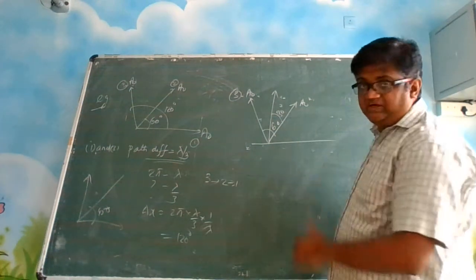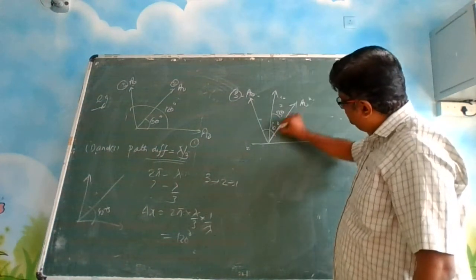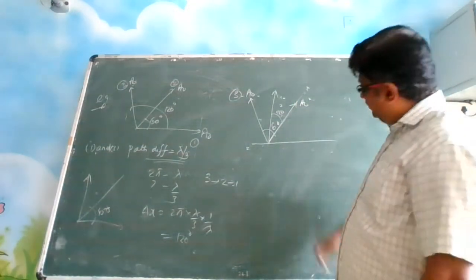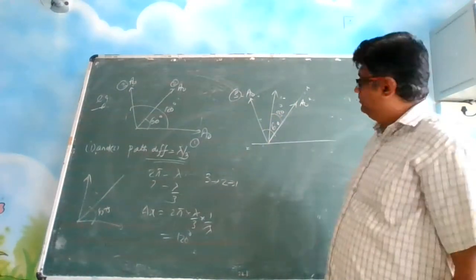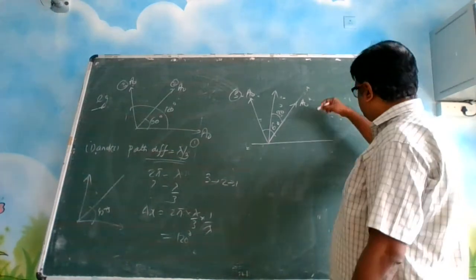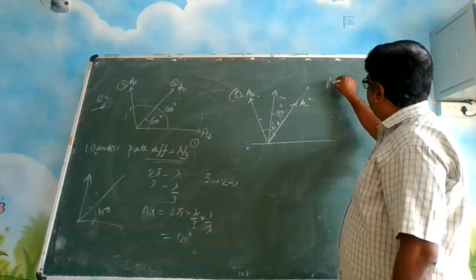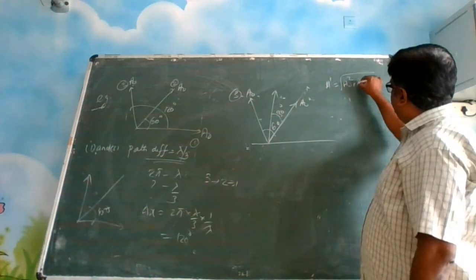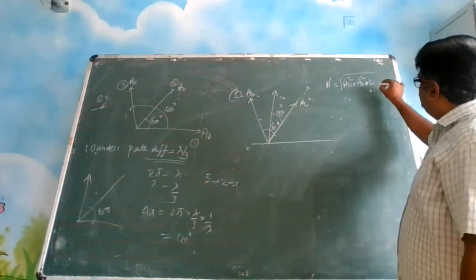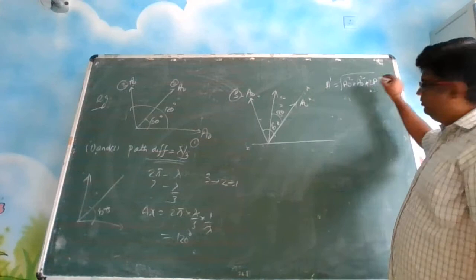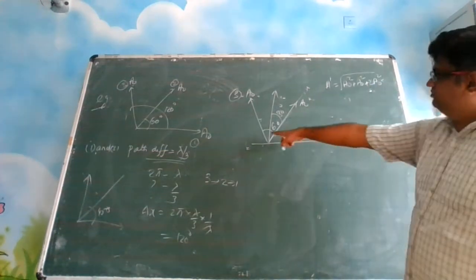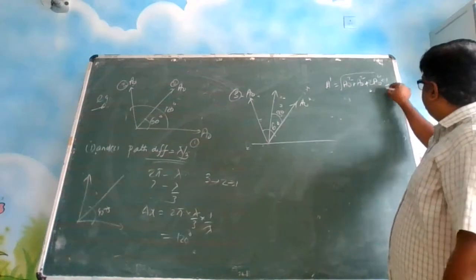Now here understand that you are taking this as a reference line. Okay. This has become kind of x-axis. So you are taking this angle 60. So what is the resultant? Like I said, that resultant is A dash. So it is root over a0 square plus a0 square plus 2 a0 a0 cos theta. Cos theta is cos 60 here, which is half.